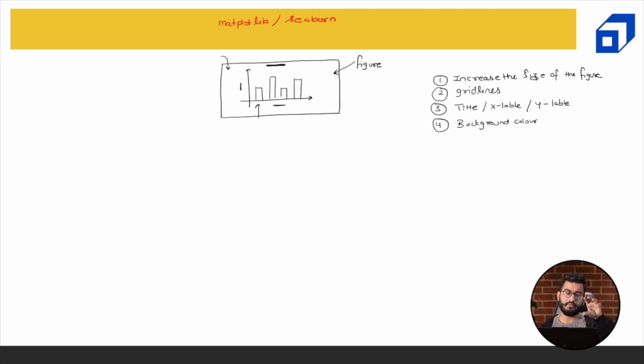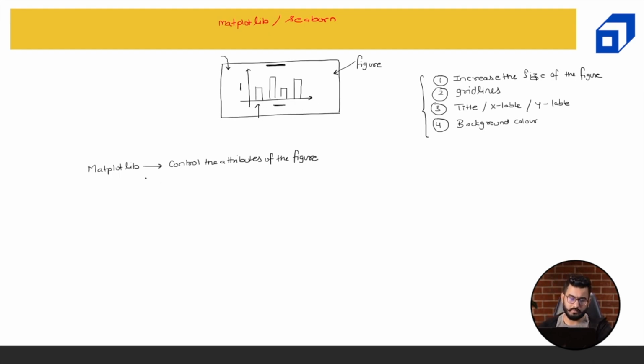on which we have kept our plot, then we use the library known as Matplotlib. So the library Matplotlib basically helps us to control the attributes of the figure. Now, the Matplotlib library is not just limited to controlling the attributes of the figure.